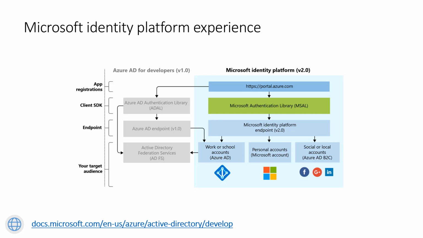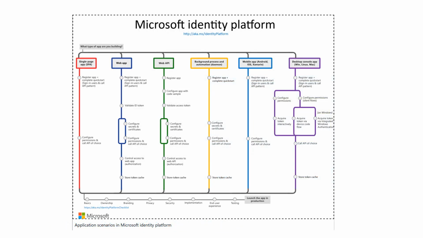Okay, great. So Microsoft Identity Platform enables us developers to secure many different types of applications. It can be a single page application written with Angular, a web app like Razor Pages, a web API like ASP.NET Core, or a background process like a daemon application or console application.